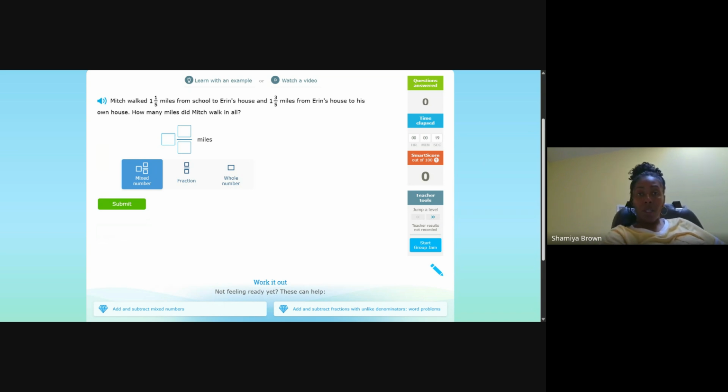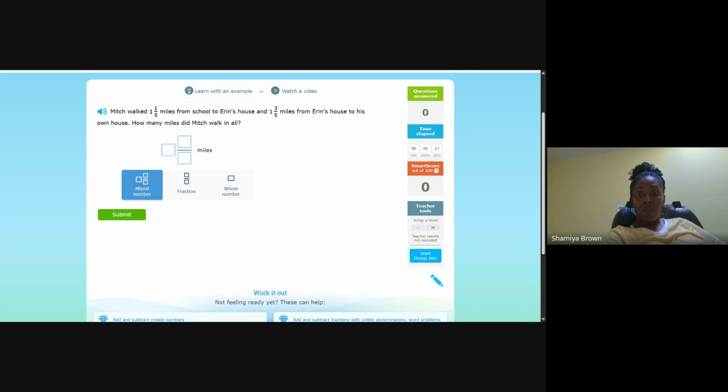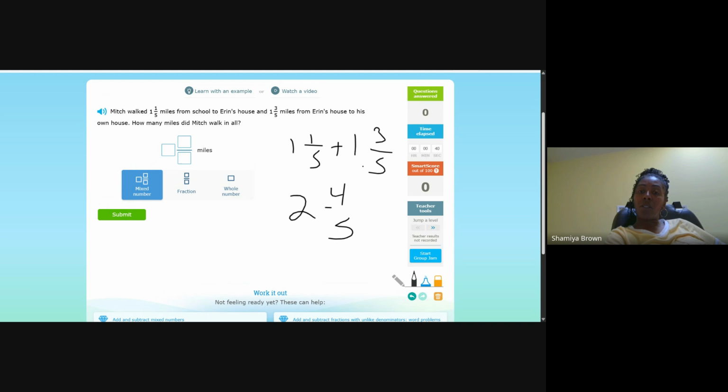So it's going to be 1 and 1/5 plus 1 and 3/5. So these already have a common denominator. So I can just add the whole numbers. 1 and 1 gives me 2. 1 plus 3 gives me 4/5. So 2 and 4/5 would be my answer.